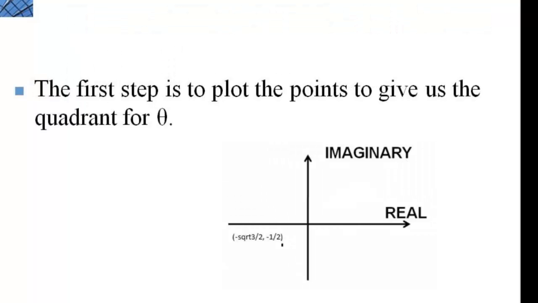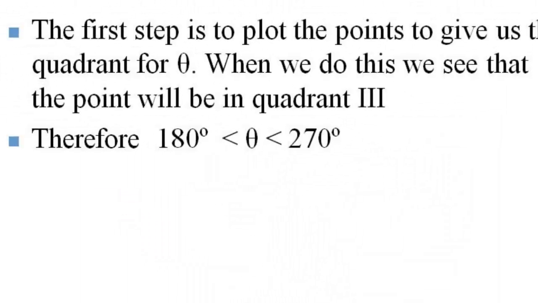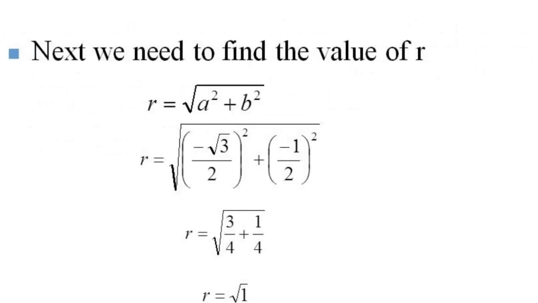The first thing we're going to do is plot the points to find the quadrant. When we plot them, we find that we're in quadrant 3. And this will tell us that theta will lie between 180 degrees and 270 degrees.